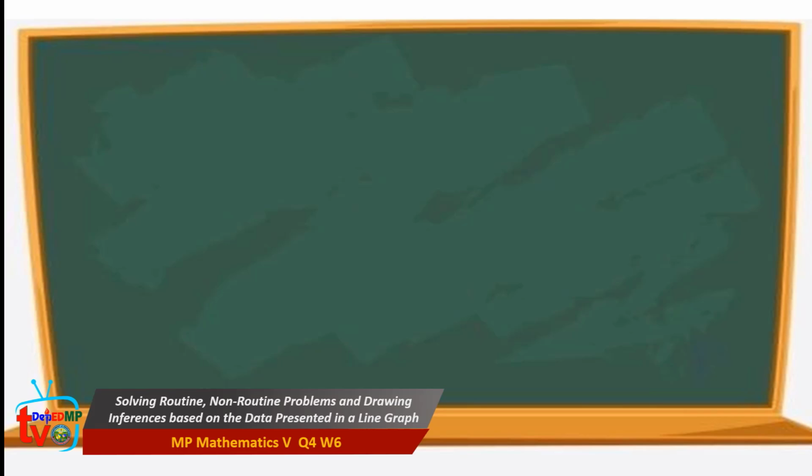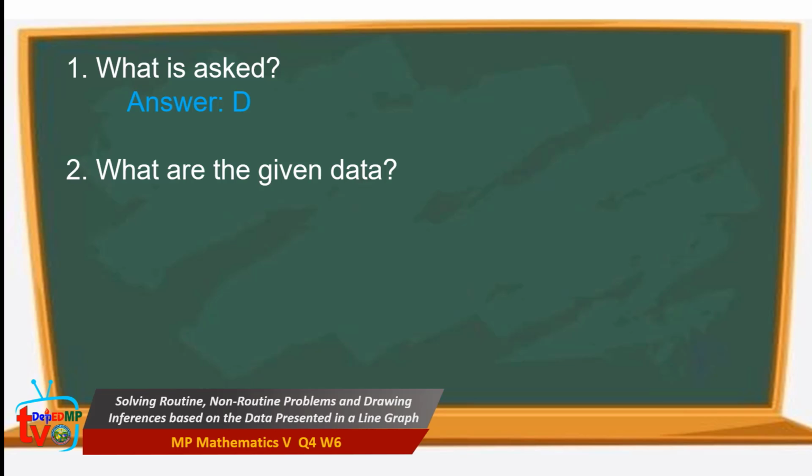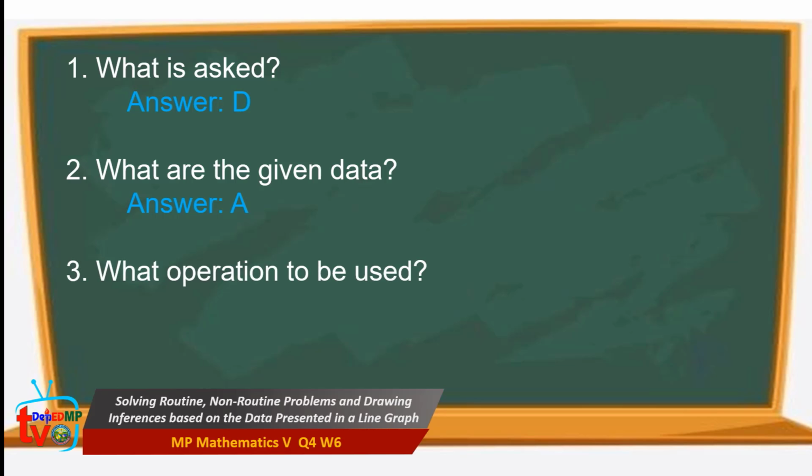Let us now check your answers. Number 1, what is asked? The answer is D. Number 2, what are the given data? The answer is A. Number 3, what operation to be used?